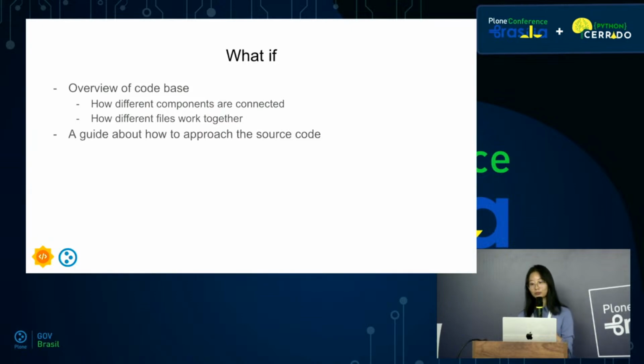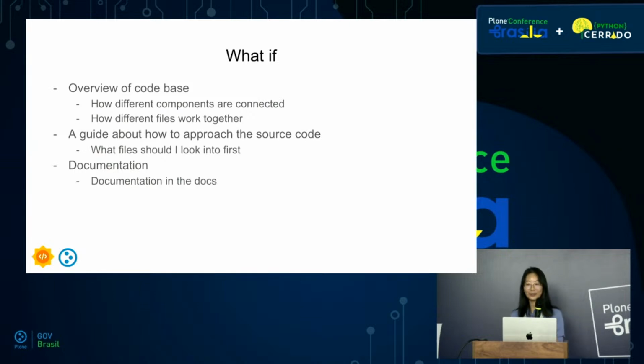I would also greatly appreciate a guide on how to approach the source code, like what files I should look into if I'm confused about a front end feature, where I should look for that source code. And I would 100% appreciate if everyone could document the code a little bit more, both in the docs and in the source code themselves, so that it will be easier for people to navigate the source code and know how things are connected together.